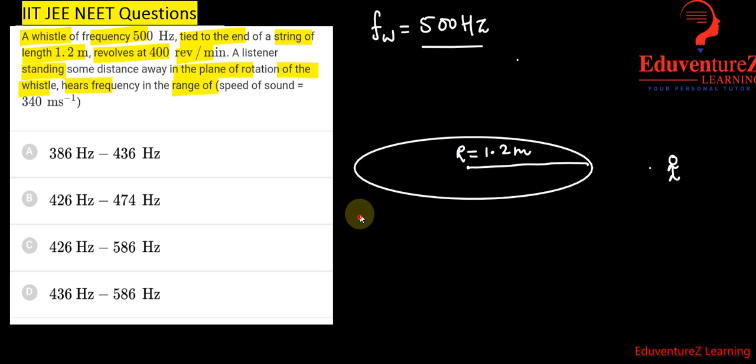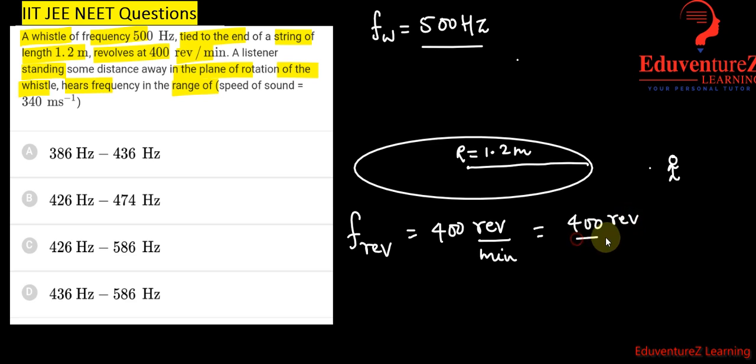And the frequency of revolution is 400 revolutions per minute, or you can say 400 revolution upon 60 per second. We have changed it from revolution per minute to revolution per second. So this is the frequency.